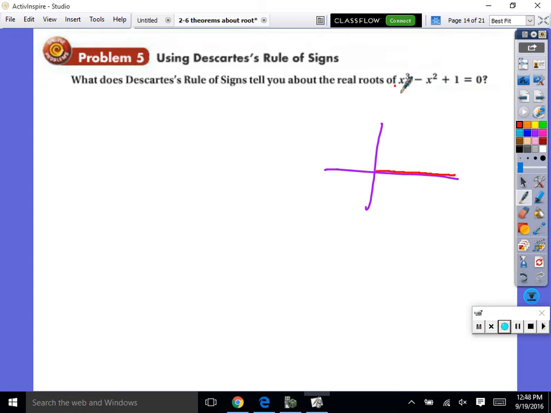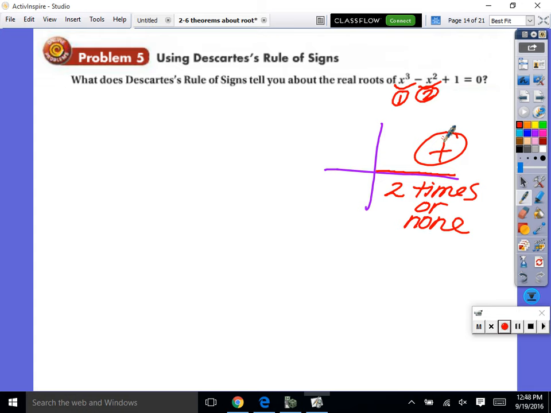From positive to negative, it happens, right? Negative to positive, it happened twice. So guys, it's either crossing 2 times or none. Does everybody understand that? In the positive x direction, we have 2 positive real roots or no positive real roots.